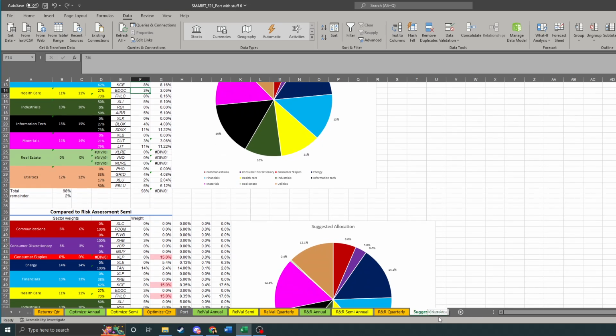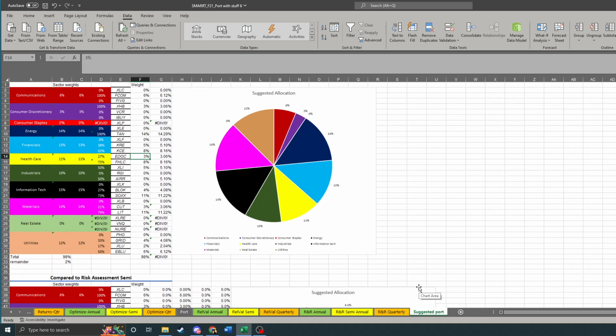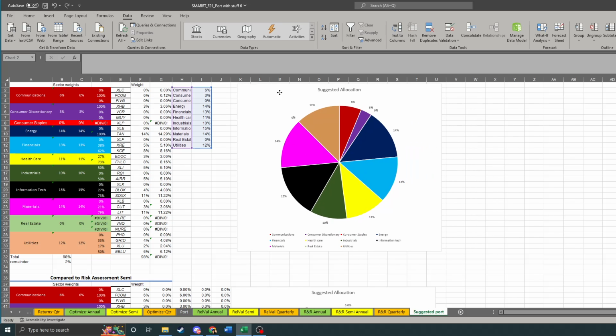And then we have the suggested portfolio. So this is a huge pain, but when you're making decisions for the portfolio in the war room, this is useful to have, but it'll be kind of annoying to create. So this just allows you to do a couple things. Let me see which one of these are referencing things.